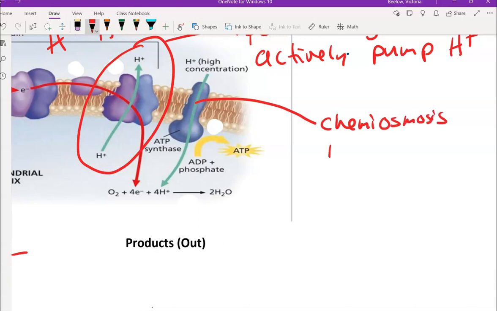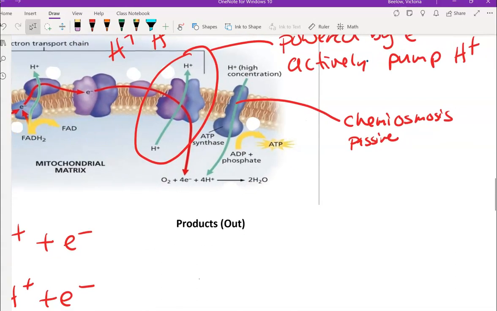And that's a type of passive transport. And they're going to move through ATP synthase. And as that happens, you're going to have 34 ATP made, which is quite a lot of ATP. So we're going to get 34 ATP.